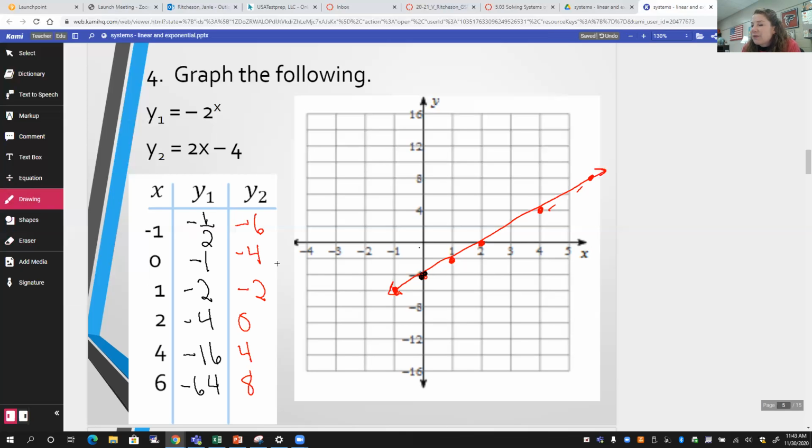All right, let's start over for the black one. I'm looking at this one now, right? So I'm gonna go left 1 down half, and then 0, -1 will be about right there. And then 1, -2 is gonna be right there. And then 2, -4, and then 4, -16.